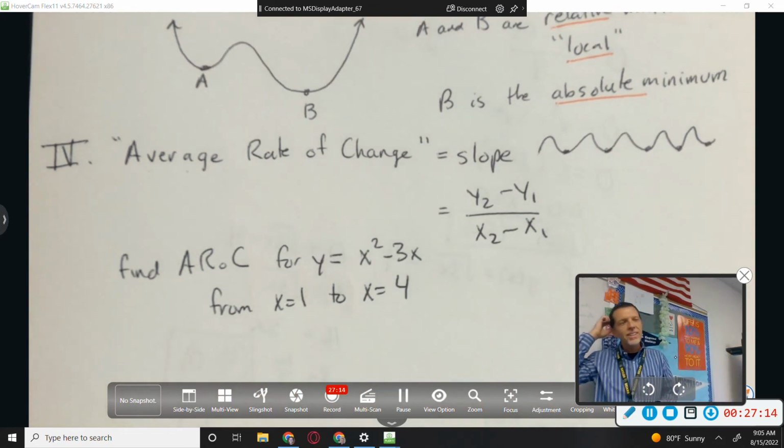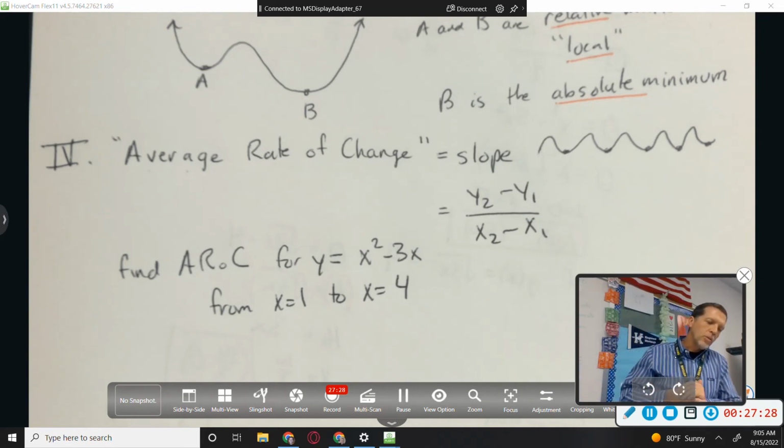So let's find the AROC. That's how we abbreviate average rate of change sometimes, versus IROC, instantaneous rate of change. Find AROC for y equals x squared minus 3x from x equals 1 to x equals 4.